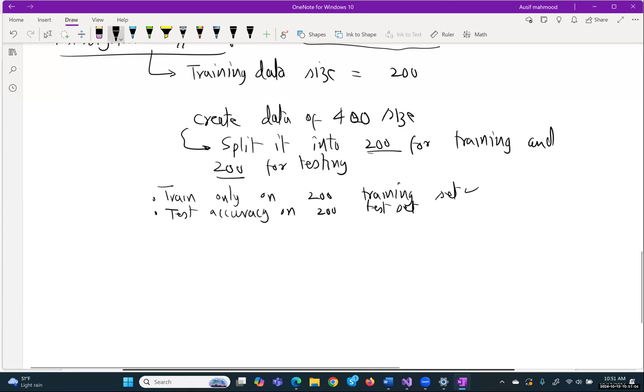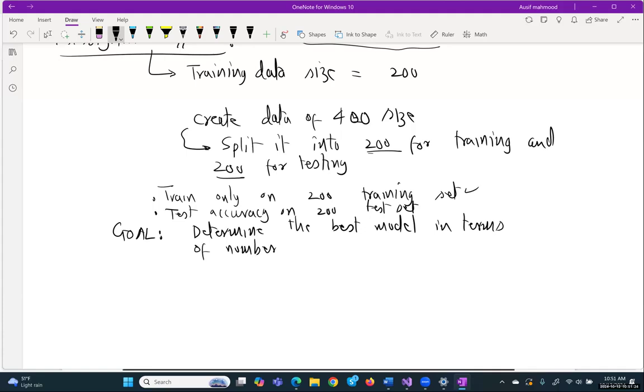And your goal is to determine the best model in terms of the number of neurons in the hidden layer. So do 3 neurons in the hidden layer produce the best accuracy on the test data?